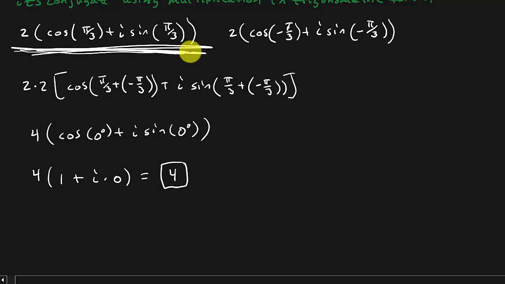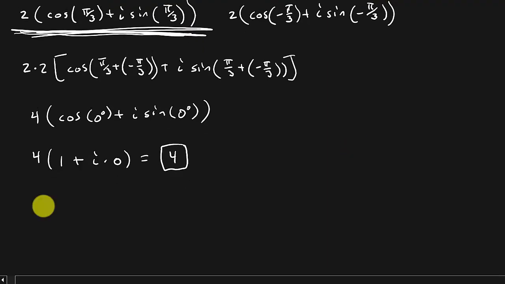Now, what if we take this and convert it to the a plus bi form and multiply those conjugates together? Let me show you how that works out. So if we take 2 times the cosine of pi over 3, or the cosine of 60 degrees, that's 1/2, plus the sine of pi over 3, or the sine of 60 degrees, that's the square root of 3 over 2.